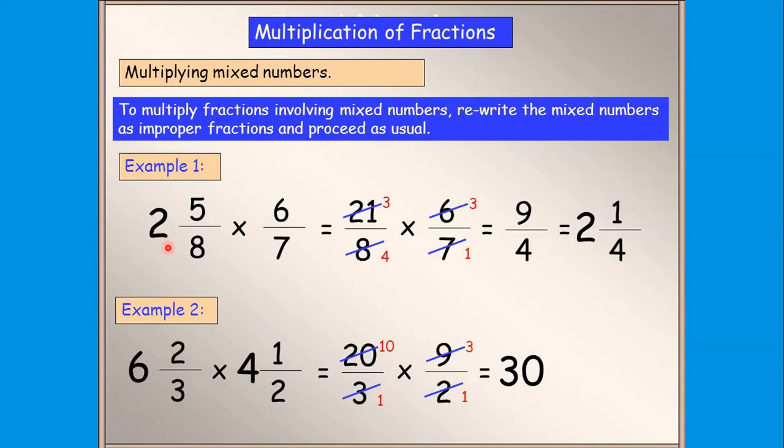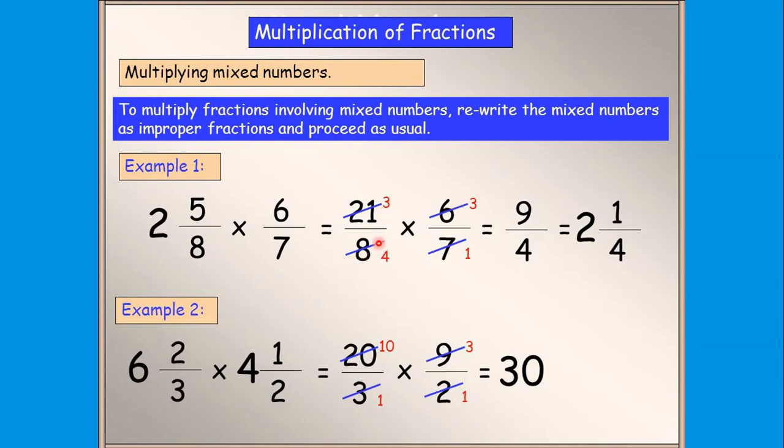Very first, what you will do, this mixed fraction, you will convert as improper. 8 twos are 16, 16 plus 5, 21. So 21 upon 8 multiplied by 6 by 7. Now this is another method to cancel it. How you will cancel? 7 ones are 7, 7 threes are 21.